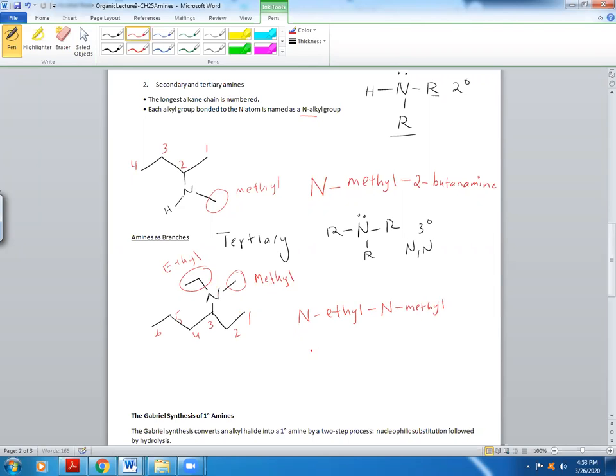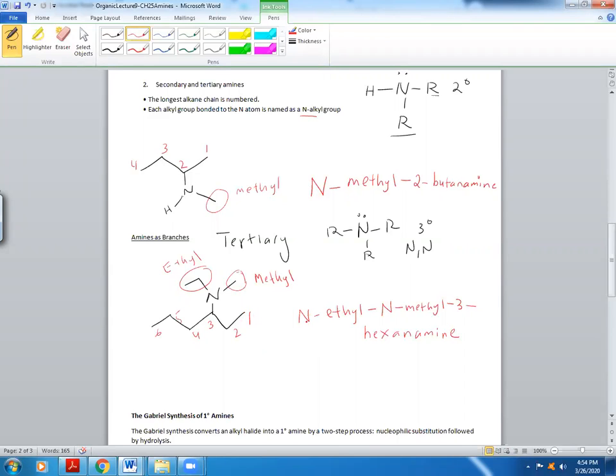So we have 6. But before, where is that amine occurring? It's at 3. And then 6 is hexanamine. That 6 indicates that it's hexanamine. So, and what do you have? You have a tertiary.